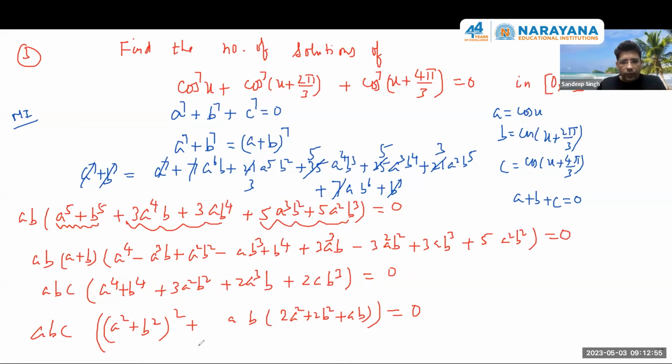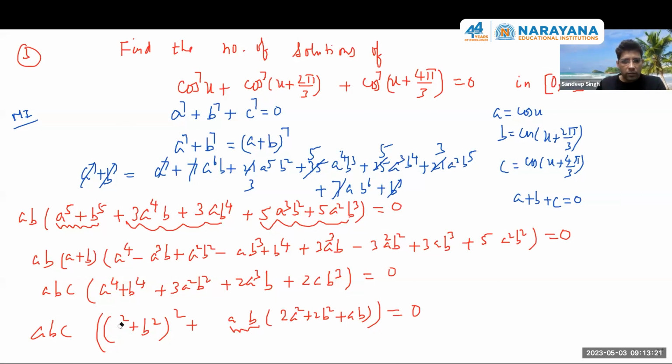No? A square plus AB whole square plus B square plus AB whole square plus A square B square. That way I should think. So what did you say? Say it again. A square plus AB whole square plus B square plus AB whole square plus AB whole square. Correct. Because in this way, AB is turning out to be a value whose sign is not known.